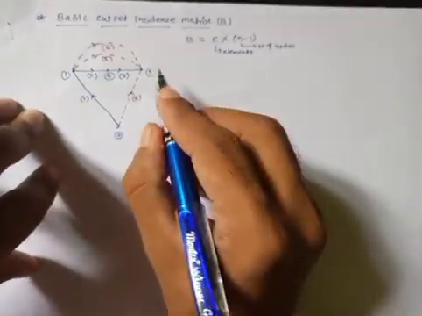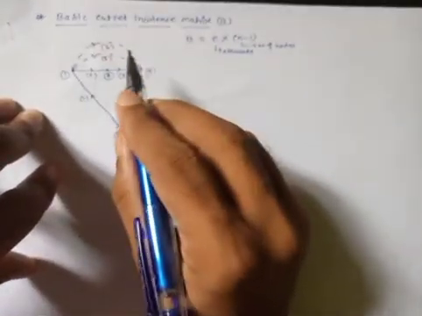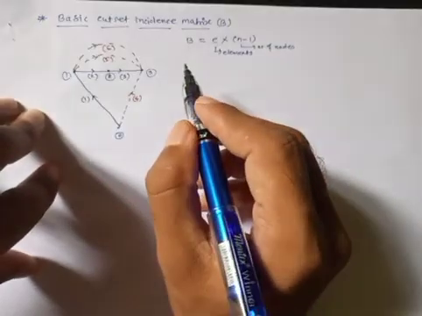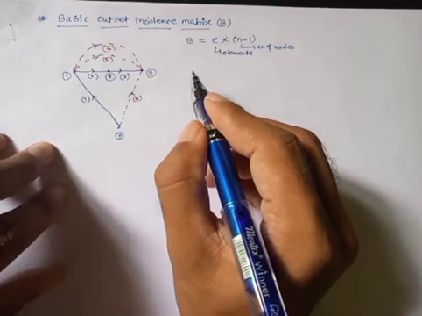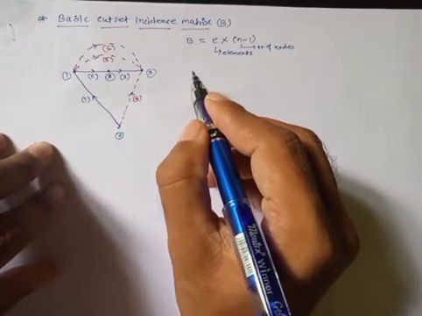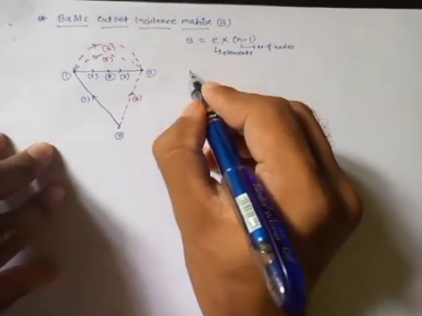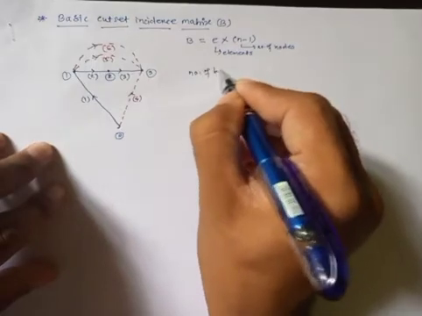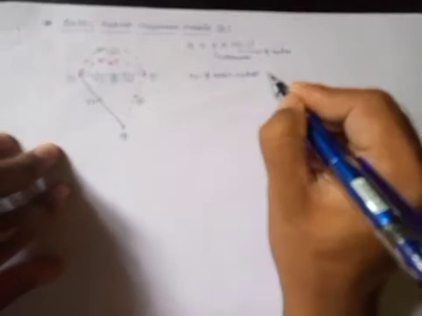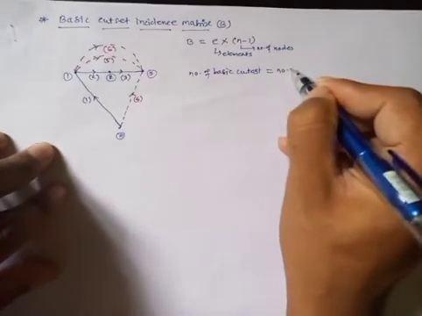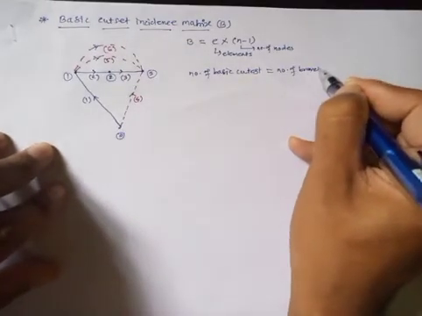Now basically a basic cut set is a cut set in which only one branch should be involved. And the number of basic cut sets depends on the number of branches.